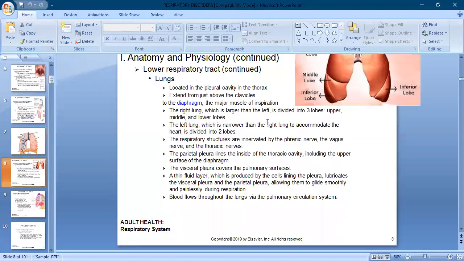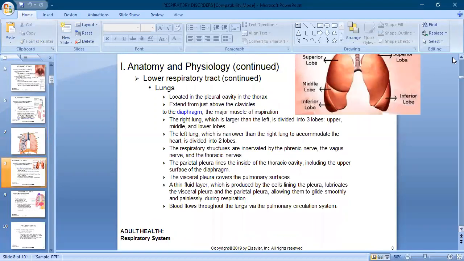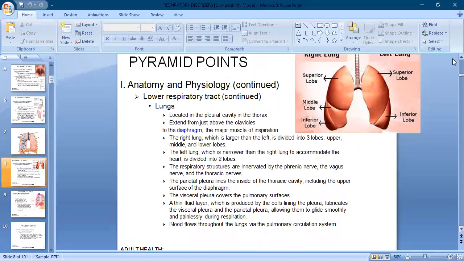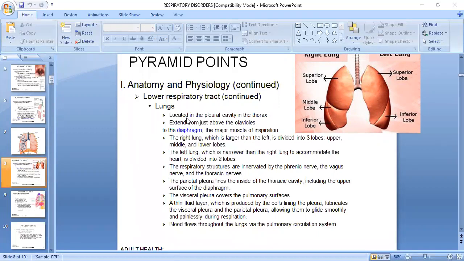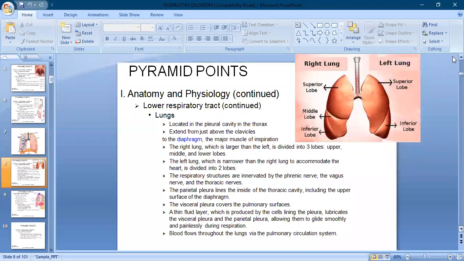So if we go here, the anatomy and physiology. So they said the lower respiratory tract. Now going to lower respiratory tract anatomy and physiology. So here you see the lungs, the lower respiratory. Okay, in this picture showing right and left lung.